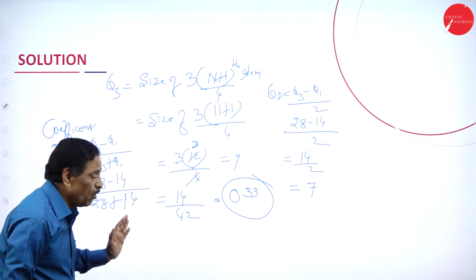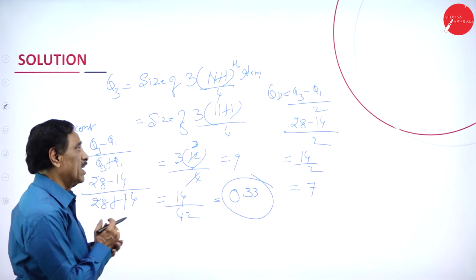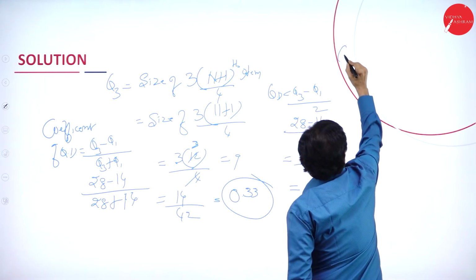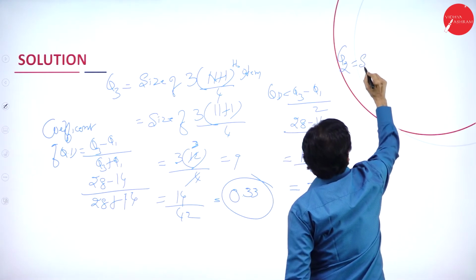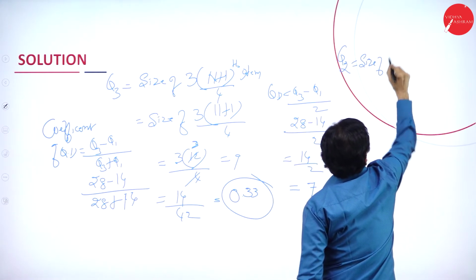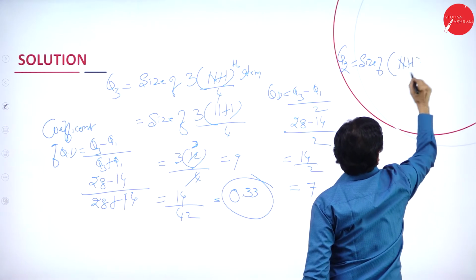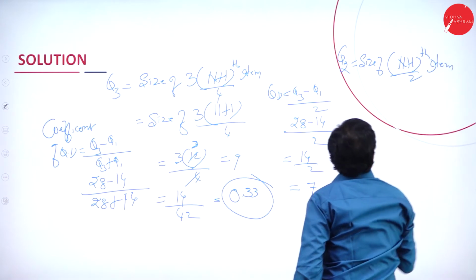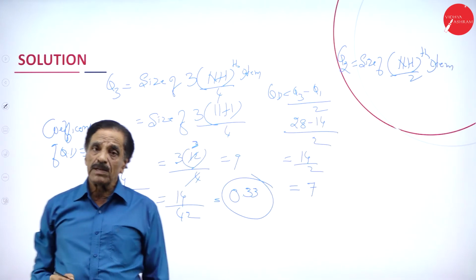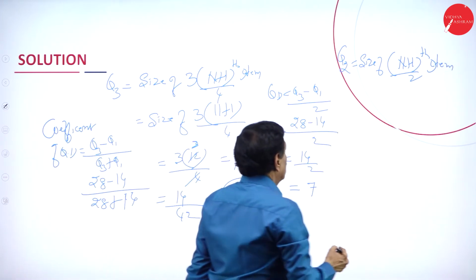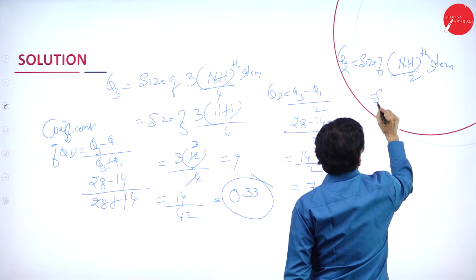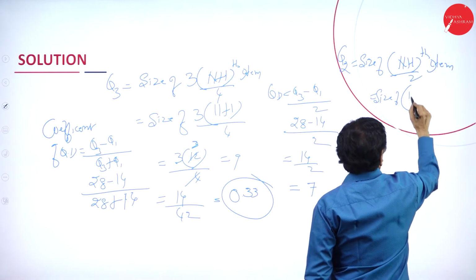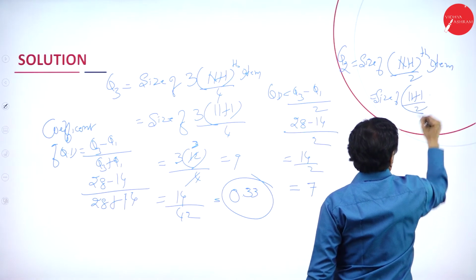So I think you follow how to find it. Q2 is not necessary. If they ask for Q2, then only use the size of (n plus 1) divided by 2th item. What's your n? 11 plus 1 divided by 2.